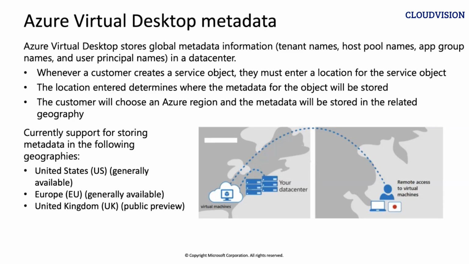So the customer will choose a region. In that case, this again reminds us to make sure that the region you decide on is the one where the metadata is going to be stored in the related geography. This is again a key factor which should be considered as well.